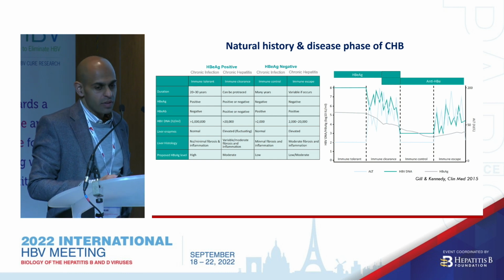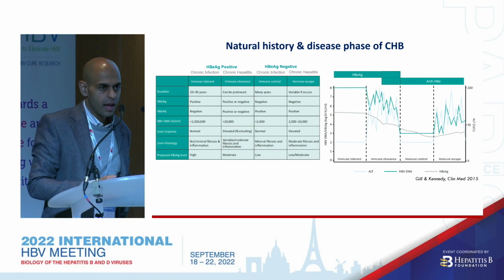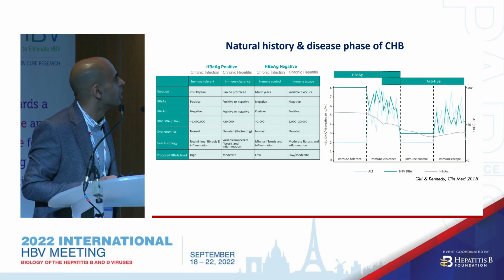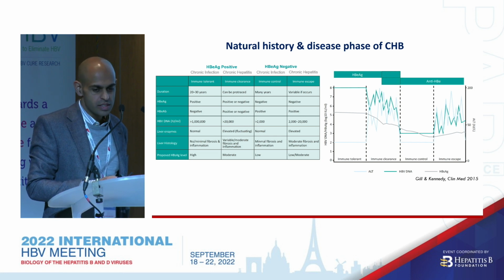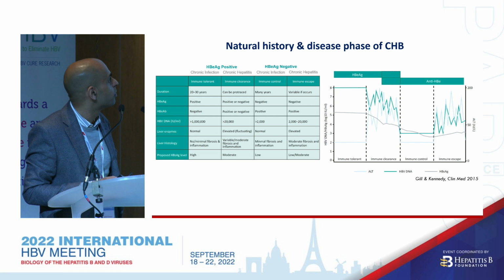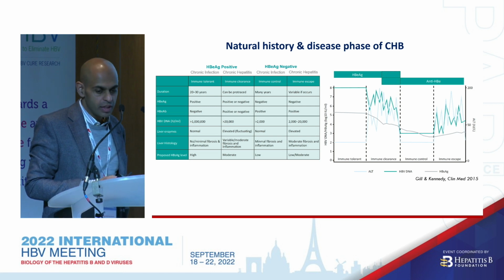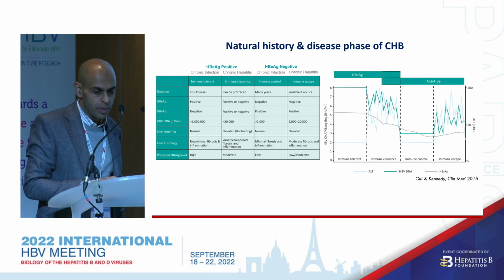And in terms of how we currently treat and how we select patients for the future, it's all really been based on disease phase, which I've put both the old terminology and the new terminology here, and I'm not going to go really into that because I'm sure we all know about this.